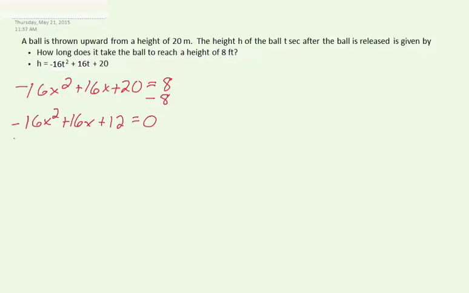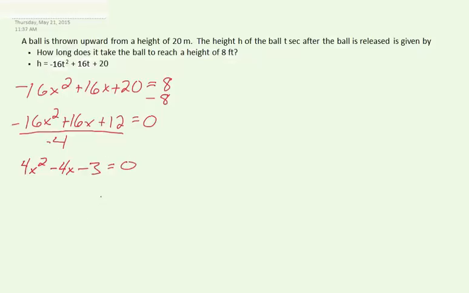Now we can plug this into the quadratic formula. But first we might realize that these are all a factor of 4. So if we divided this equation by -4, which will give us 4x squared minus 4x minus 3 will equal 0.